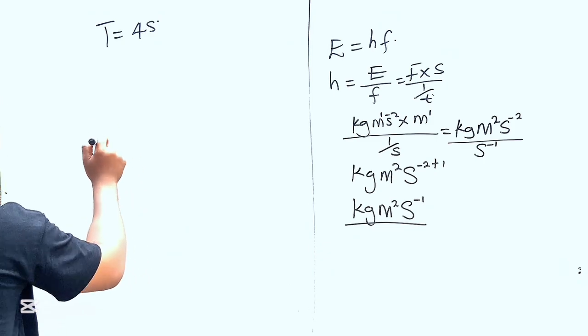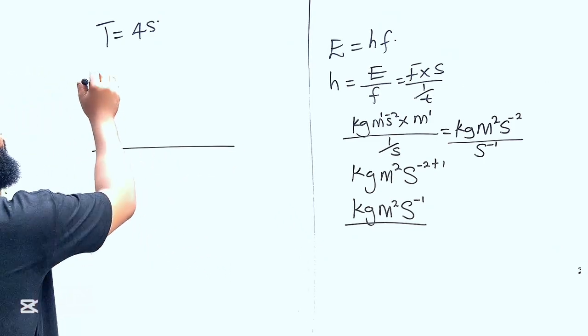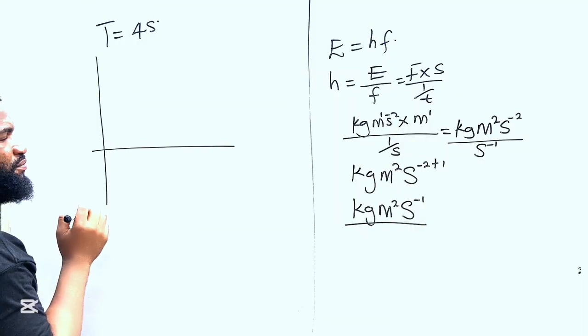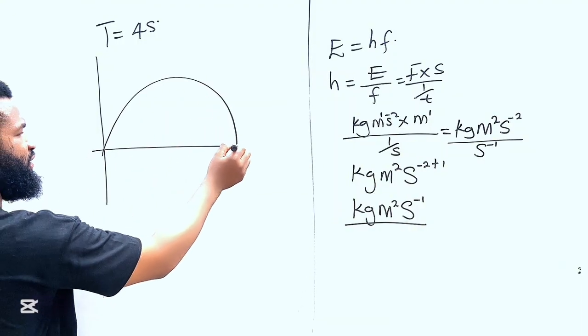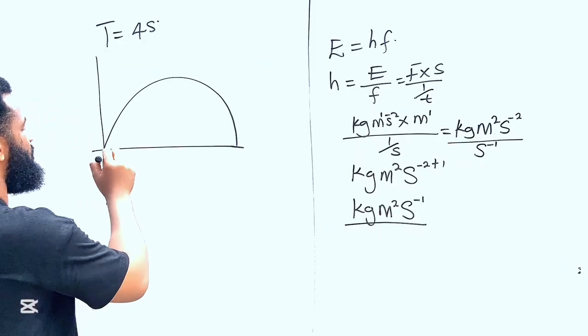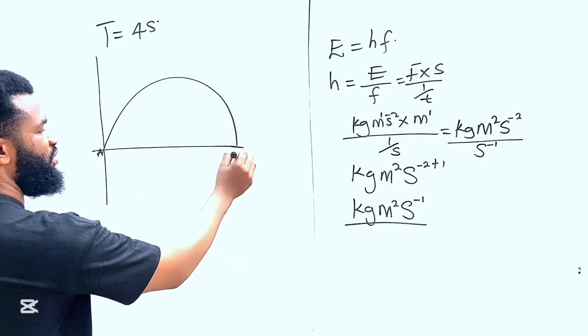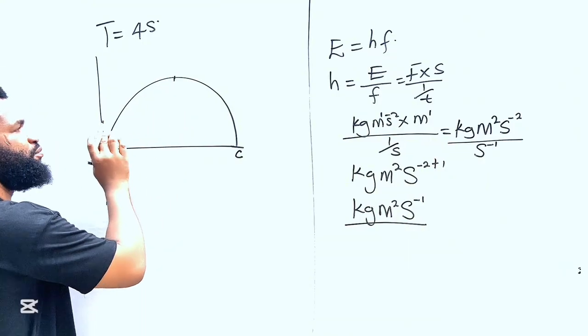Okay, see, if this is the projectile plane on the horizontal axis, and this is the vertical plane as well, and the body was projected like this, see what happens. That means the body has moved from here, point A, to point C, but there is a particular place it will get to, because the body was moving up.